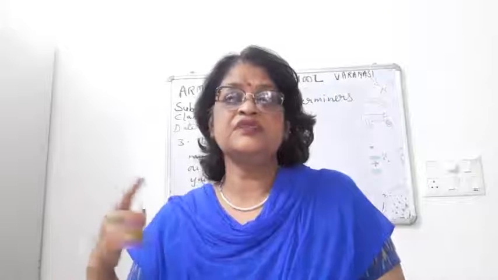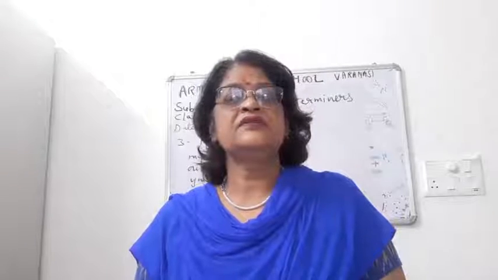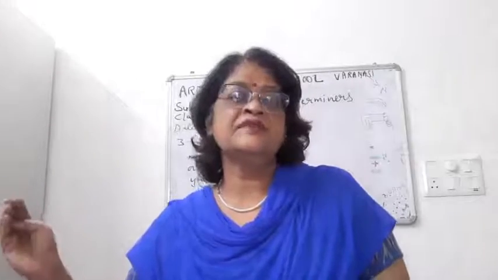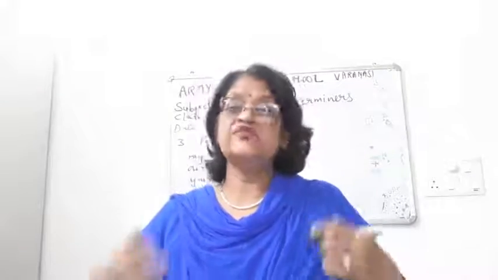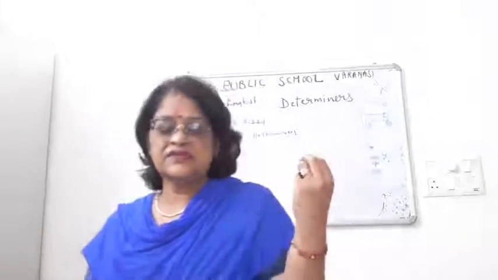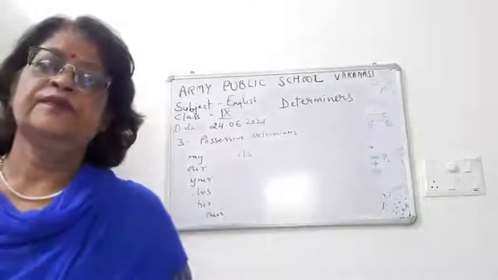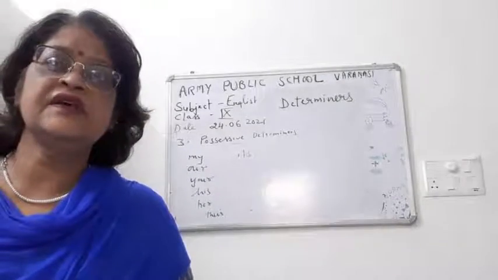Her book. Her is used with a female person. She is a new girl. This is her book. Give it to her. Then their. This is their pen. This is their ground. Ground is a noun, and their, children, this is their ground.